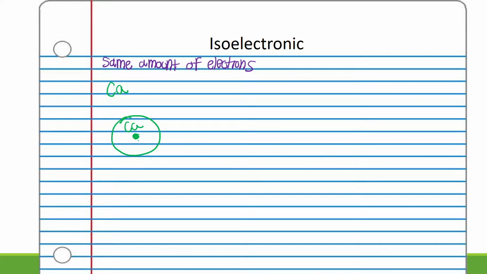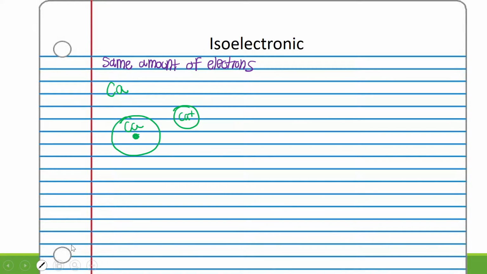Now, the calcium ion is actually shrinking in size. And it's shrinking in size because it's losing electrons. When you're losing electrons, your protons are bringing those electrons closer into the center. So calcium ion would look like this.